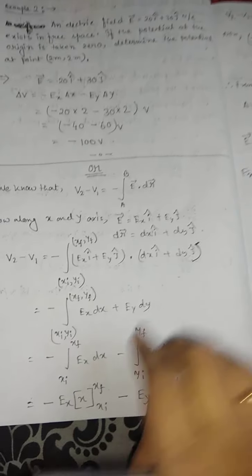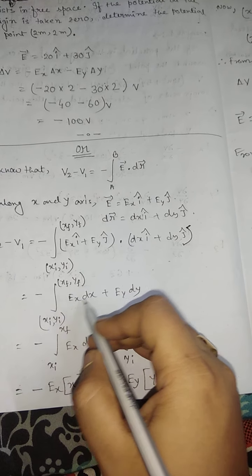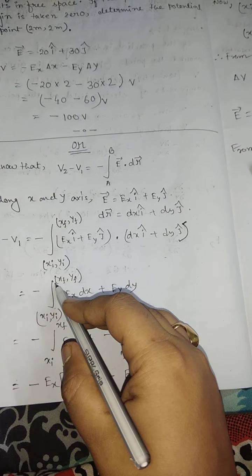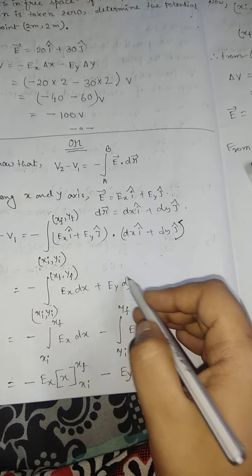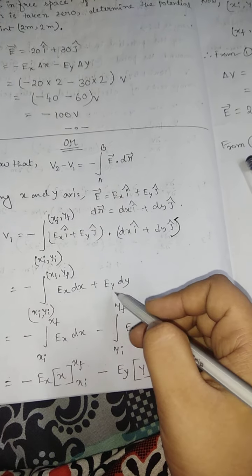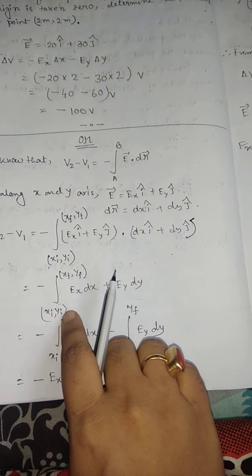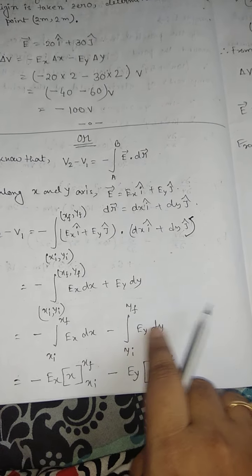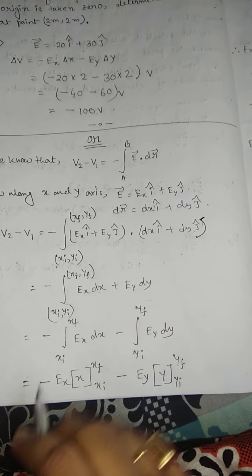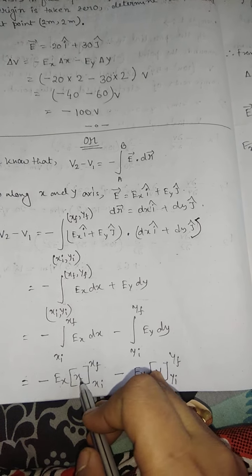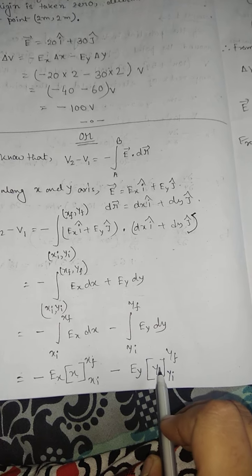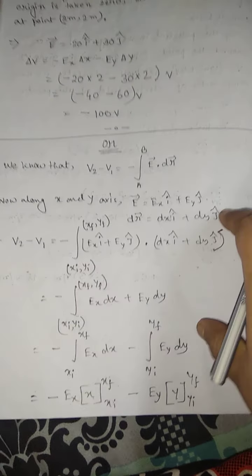Now we separate them: for the x term we consider the limits of x, and for the y term the limits of y. So Ex dx from xi to xf plus Ey dy from yi to yf. Ex is constant, so we get Ex times x from xi to xf, minus Ey times y from yi to yf.